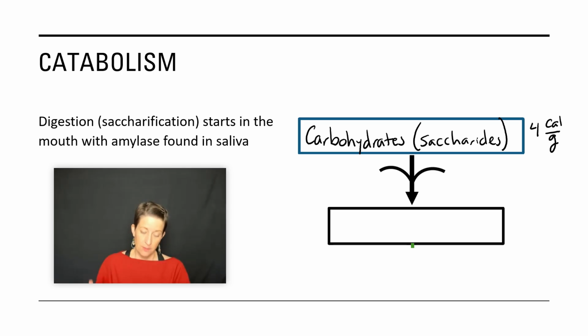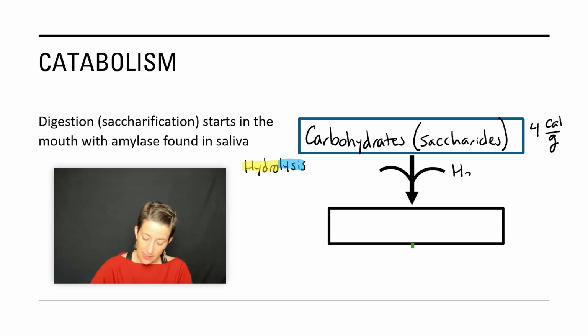The first process of digestion with amylase is the process called hydrolysis. Hydrolysis is where we are going to have water, hydro, used to split, lysis, these glycosidic linkages.